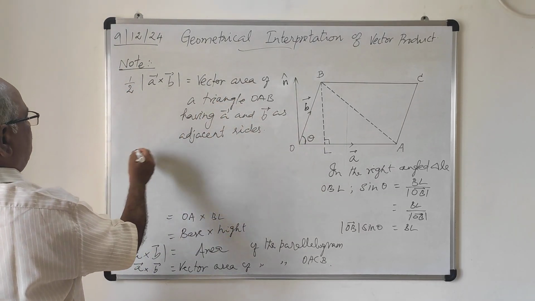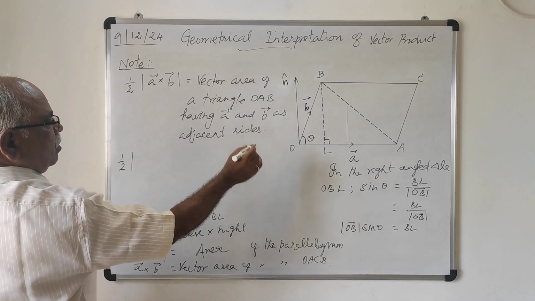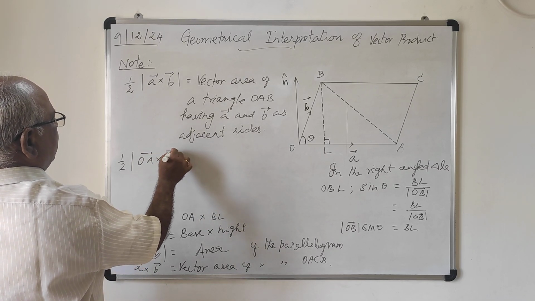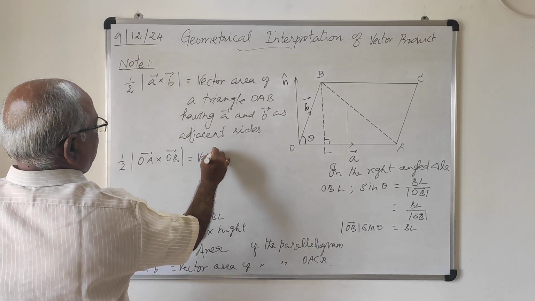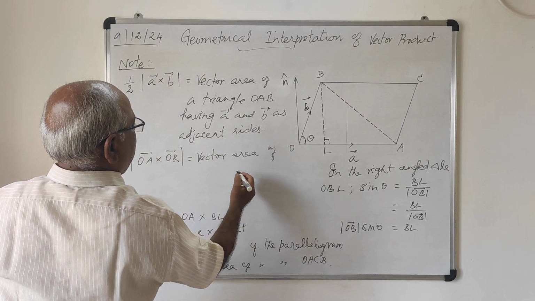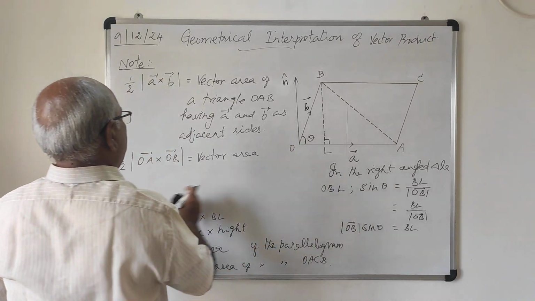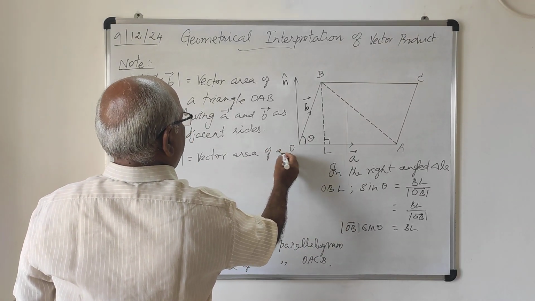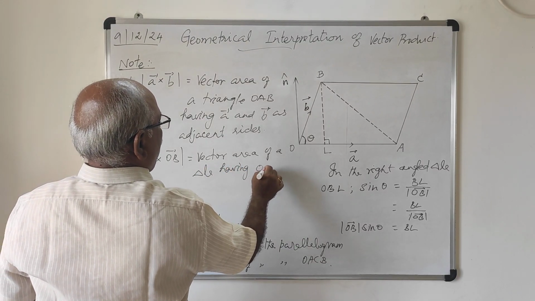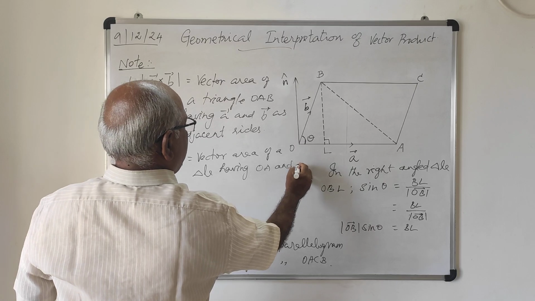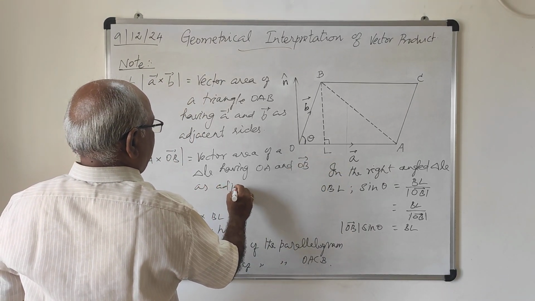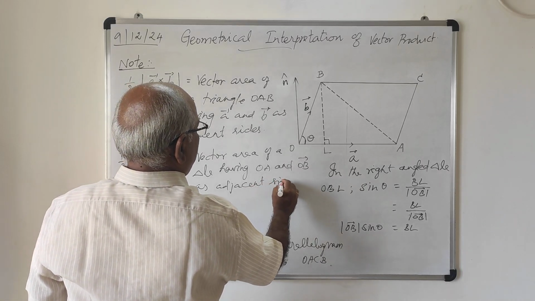Otherwise, this is also called half of mod of OA cross OB. This is the vector area of a triangle having OA and OB as adjacent sides. Adjacent sides of a triangle.